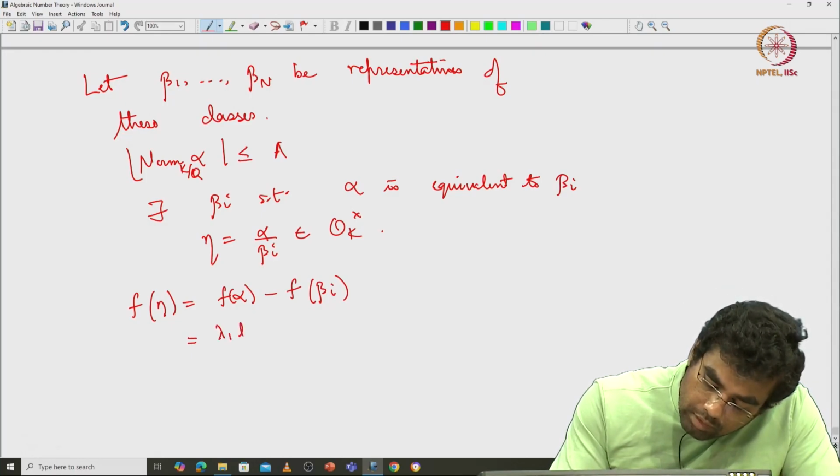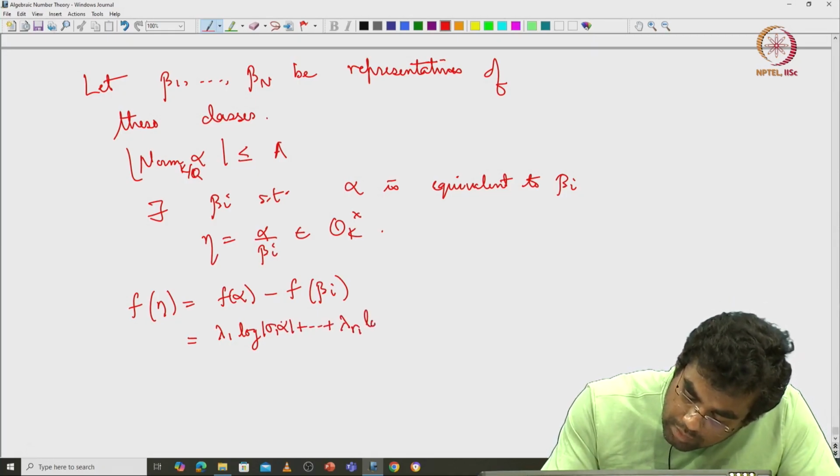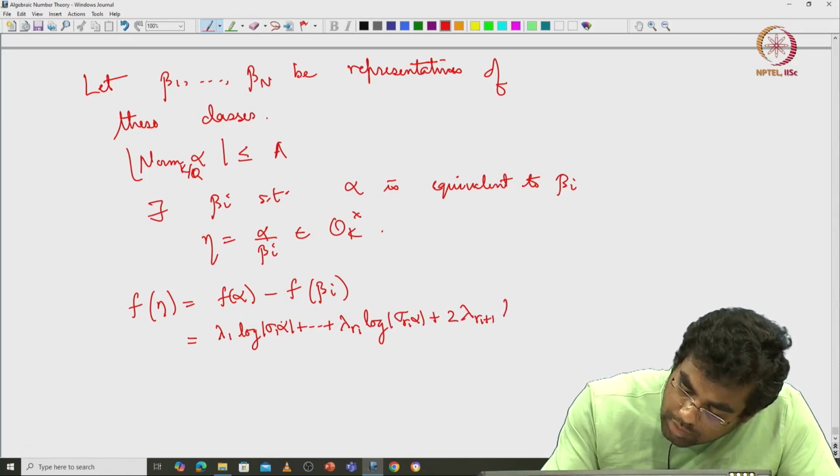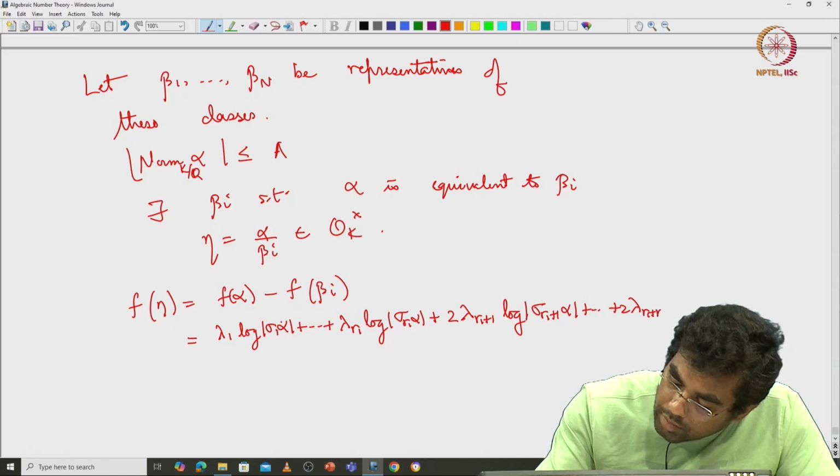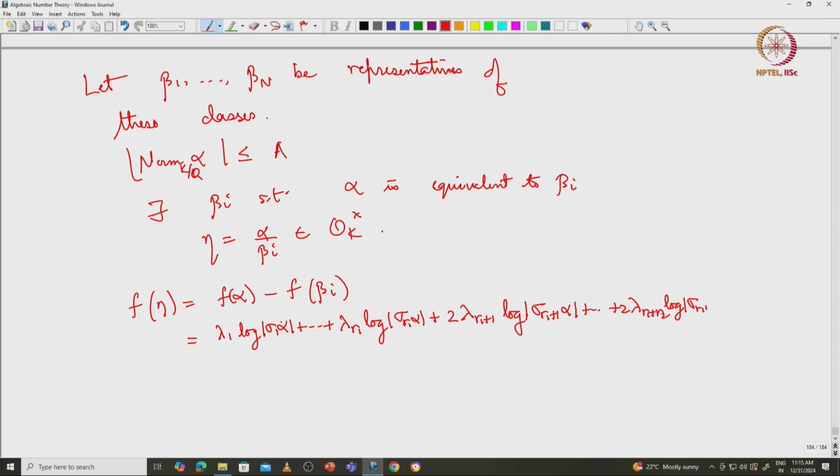This is lambda 1 log mod sigma 1 of alpha, and so on, lambda r1 log mod sigma r1 of alpha, plus 2 times lambda r1 plus 1 log mod sigma r1 plus 1 of alpha, and so on up to 2 times lambda r1 plus r2 log mod sigma r1 plus r2 of alpha, minus the same thing but with beta i: log of mod sigma 1 of beta i, and so on, plus 2 times lambda r1 plus 1 log mod sigma r1 plus 1 of beta i.